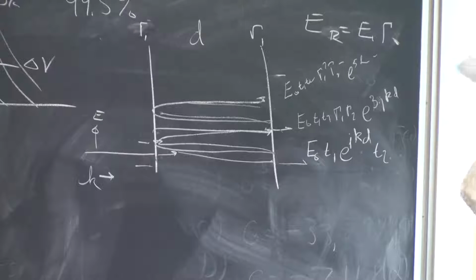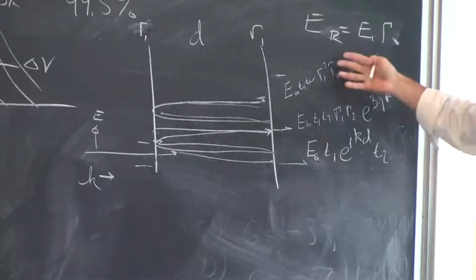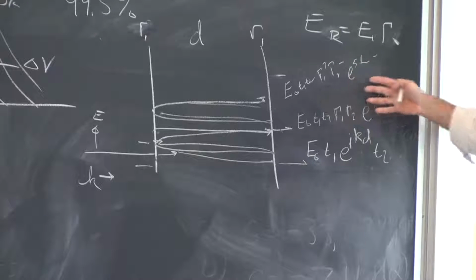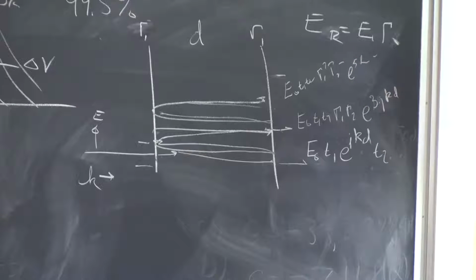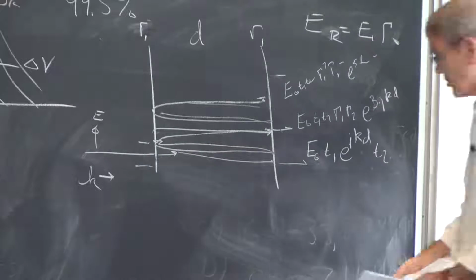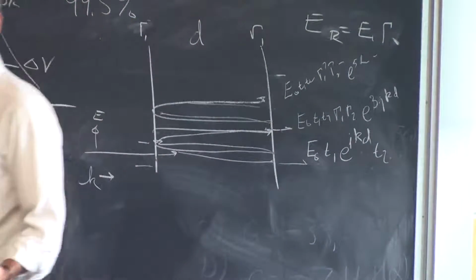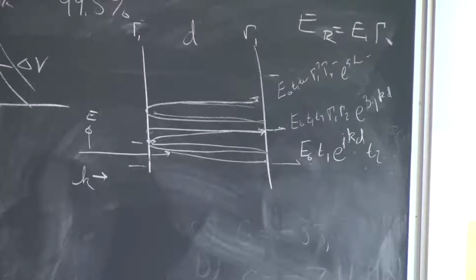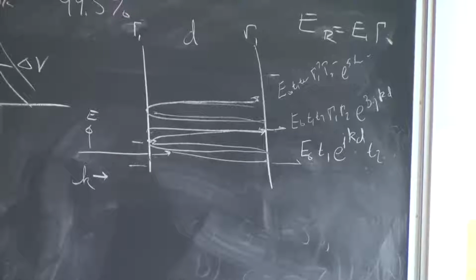You can do this all day long. And what's my transmitted field? You just add these all together, and that's what transmits. So we can simply write a series solution, which says the transmitted field is the sum of all those components.